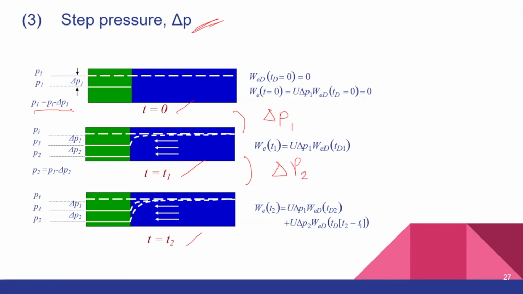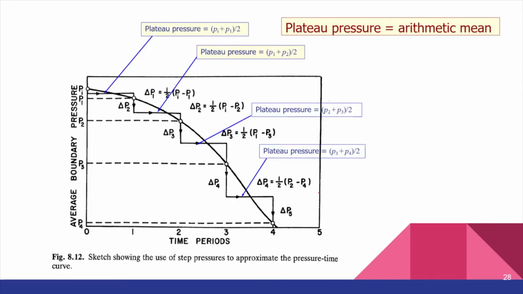And We at t equals 0 is 0. For We at t equals 1, you have some value here. And then for t equals 2, you have the value from the previous one plus the value of the second one. So for more understanding, if you can imagine this as steps, tangga, that will be easier to understand.